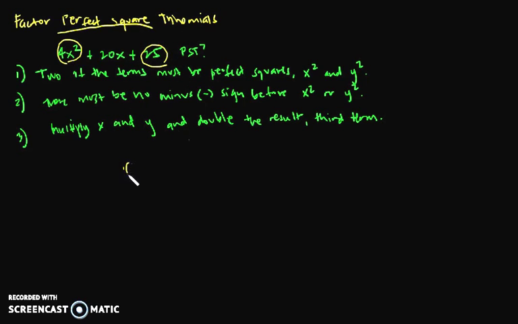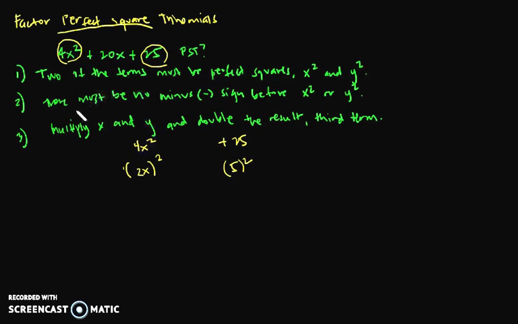Let's check. 4x squared can be represented as (2x) squared. How about 25? That is 5 squared. So the terms x squared and y squared are perfect squares.